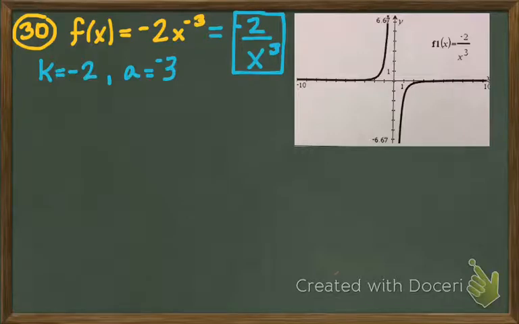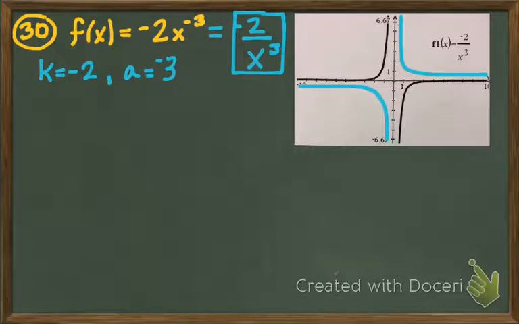And the parent of all graphs that are functions that look like this one is the 1 over x graph, which would look something like this in the first quadrant, and then would be reflected in the third quadrant.